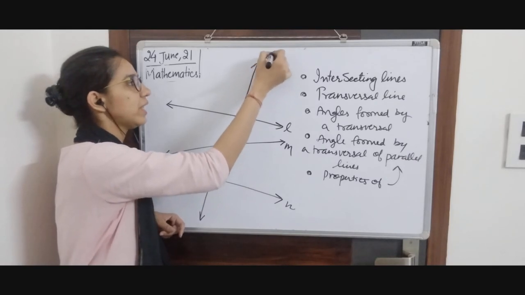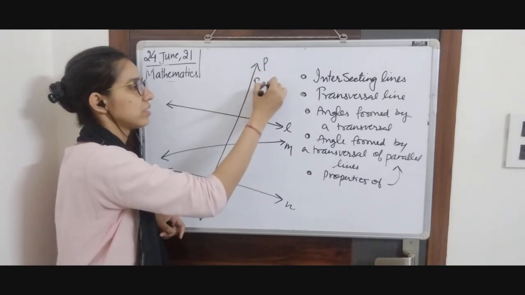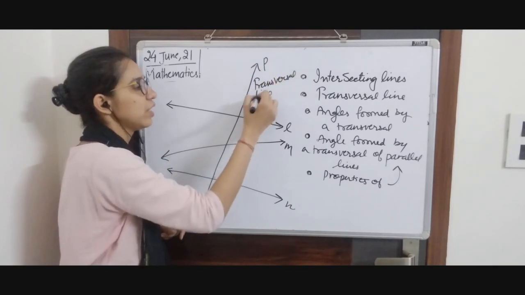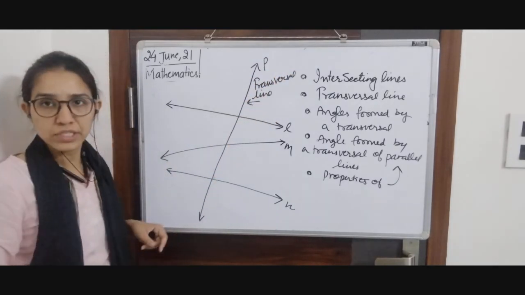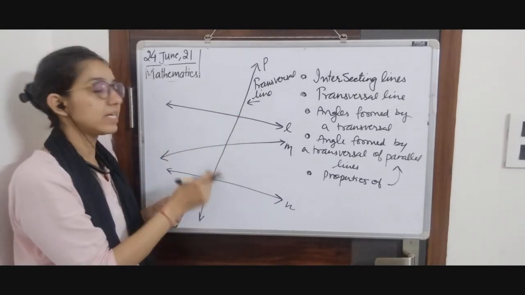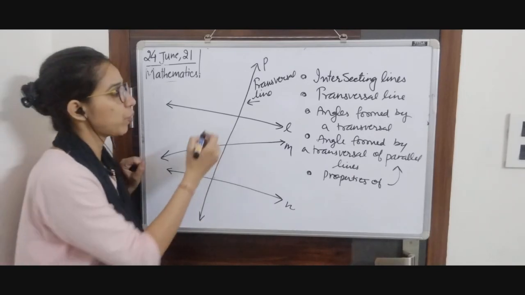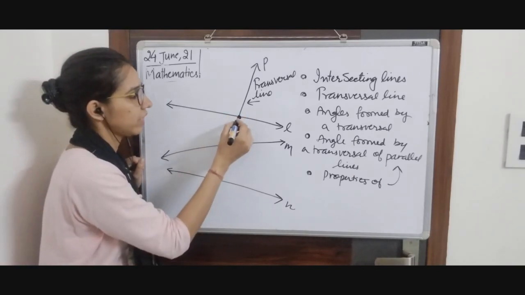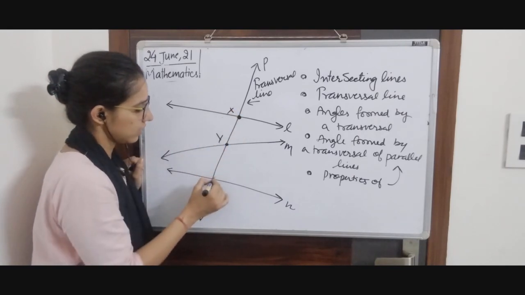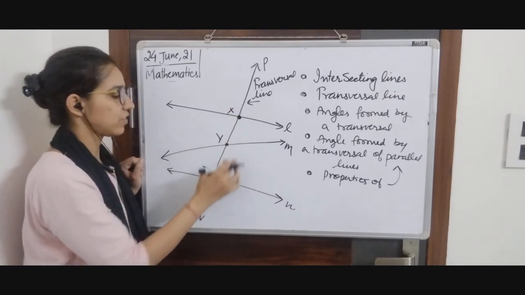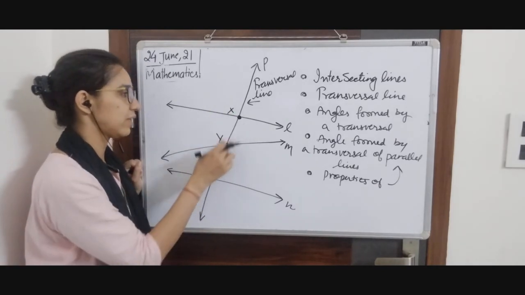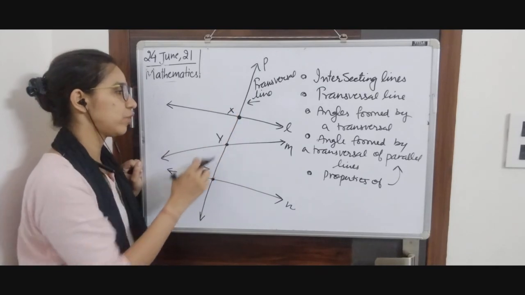We say that line P is a transversal. Why? Because this line cuts two or more than two lines at distinct points. Distinct point is very important. It is cutting at, suppose, X, Y and Z. So if we had three lines, it will be cutting at 3 points. If we had two lines, the transversal will be cutting at 2 points.